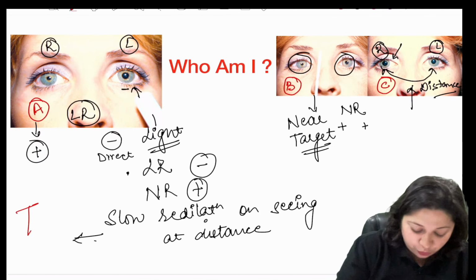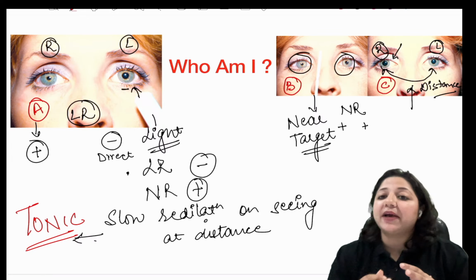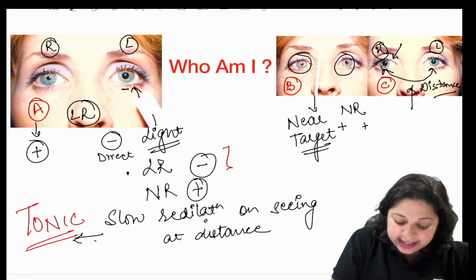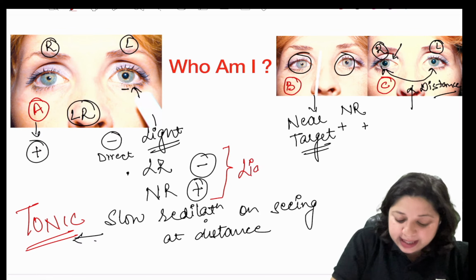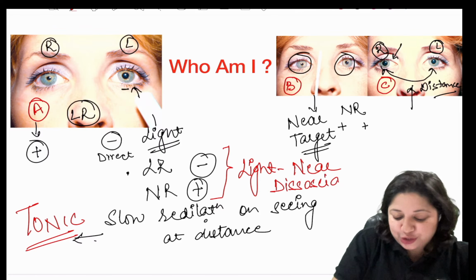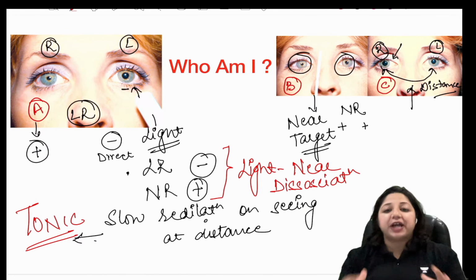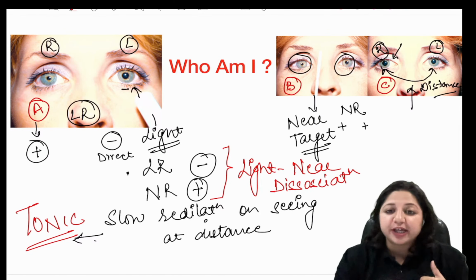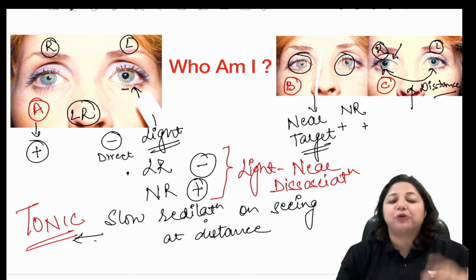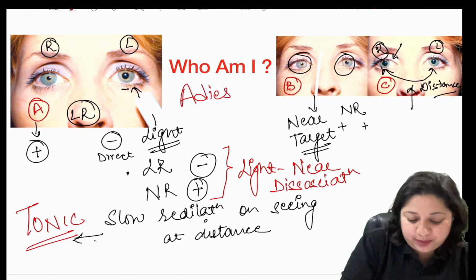This means the pupil is a tonic pupil. This means there is a light-near dissociation. So when we're talking of a light-near dissociation, we are talking about a tonic pupil. We are talking about Adie's tonic pupil.